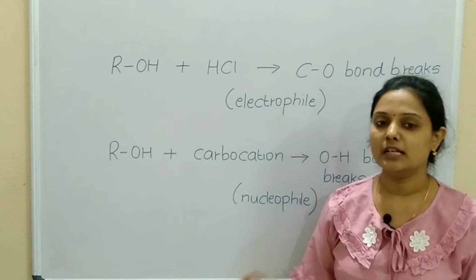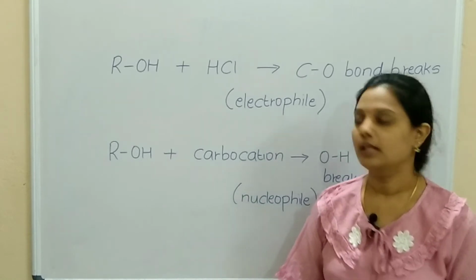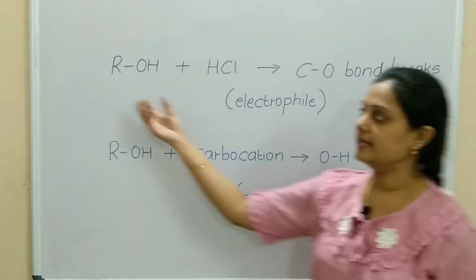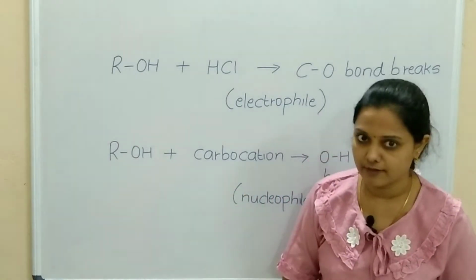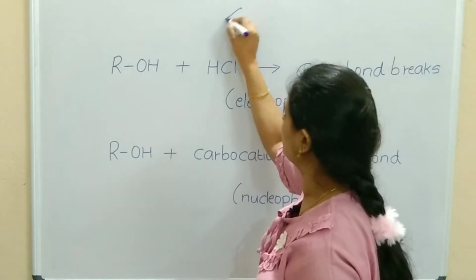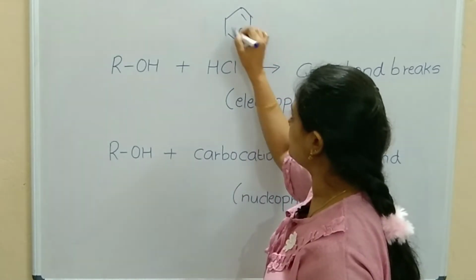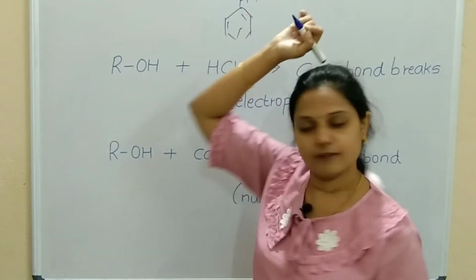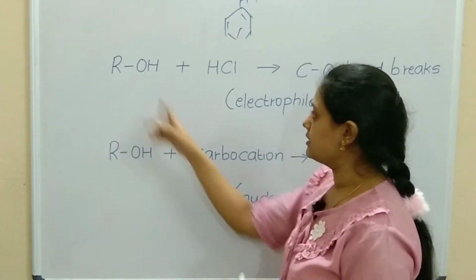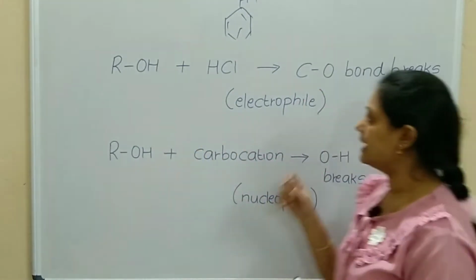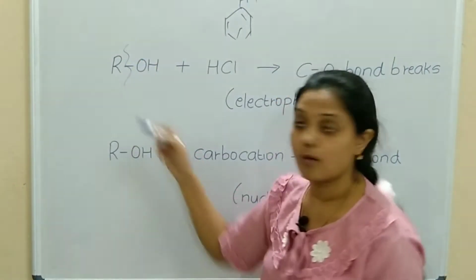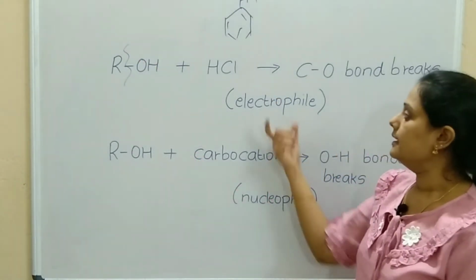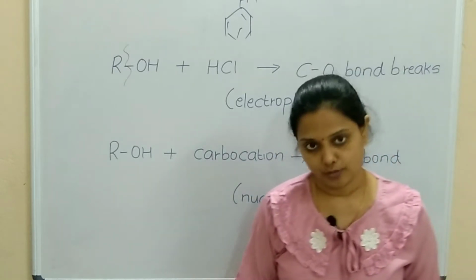We'll discuss the chemical properties of phenol. Phenol is an aryl compound, that is, a benzene ring attached to OH. When it is treated with HCl, the CO bond breaks, and the phenol will act as an electrophile.